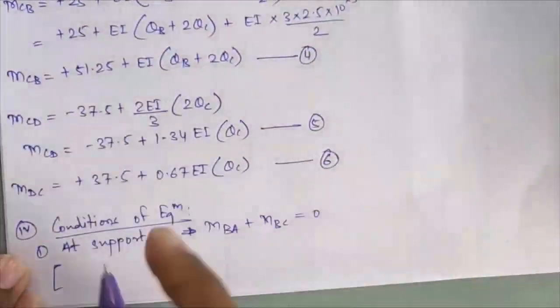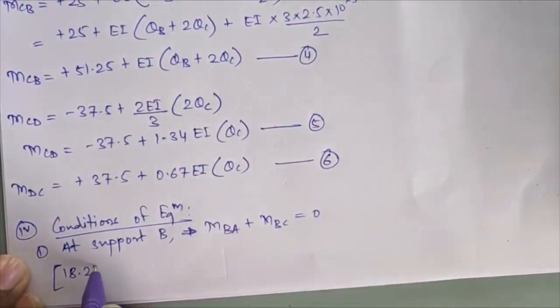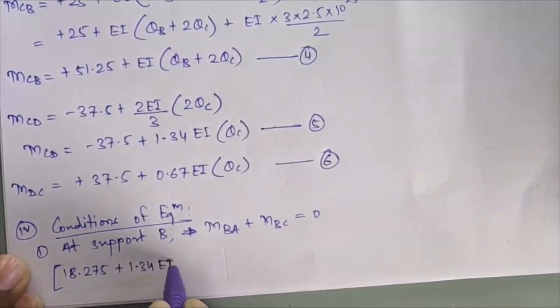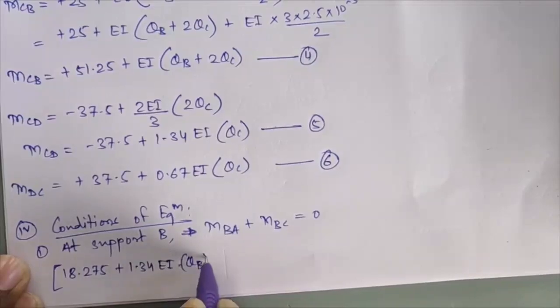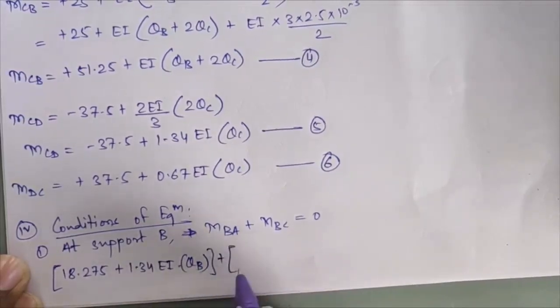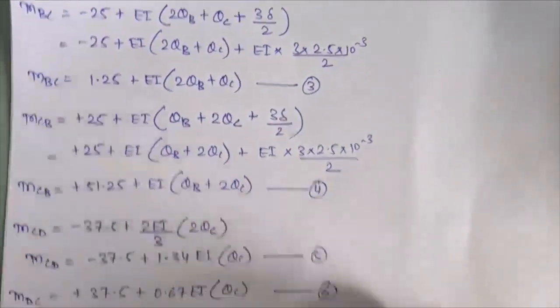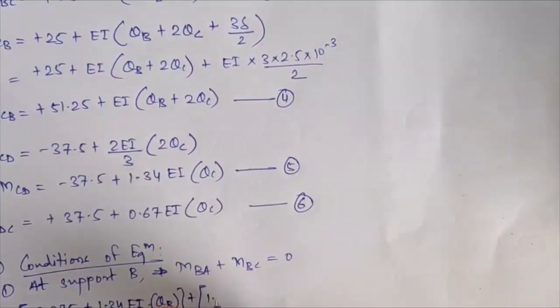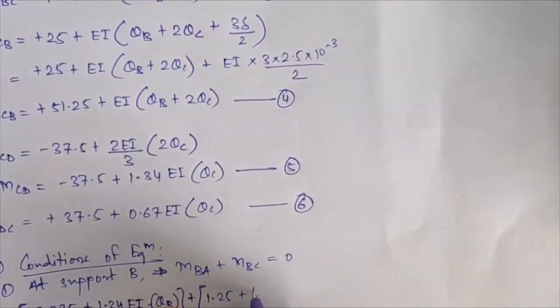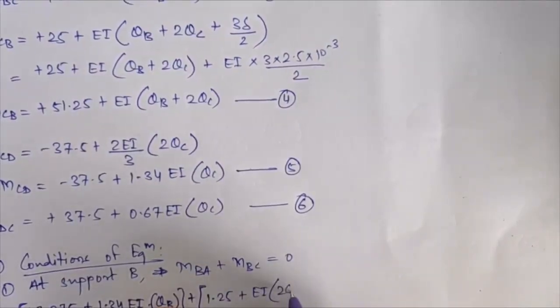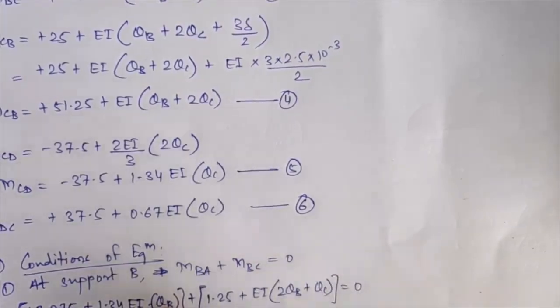That is equal to 18.275 plus 1.34 EI into theta B over here plus next equation I'll substitute of BC, that is your equation number 3 here. Okay, that is 1.25 plus EI into 2 theta B plus theta C is equal to 0.